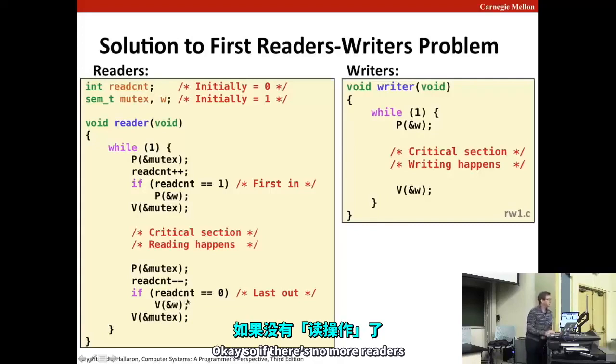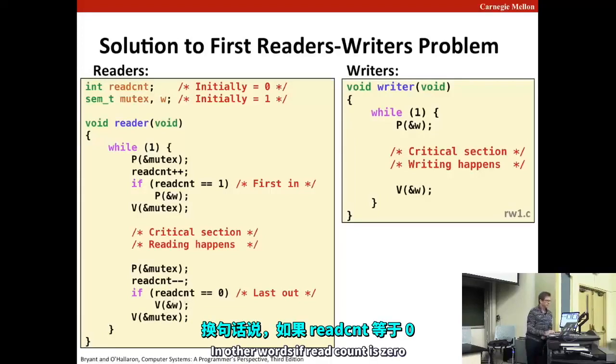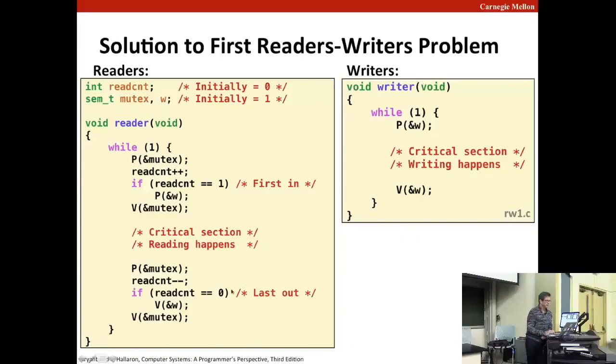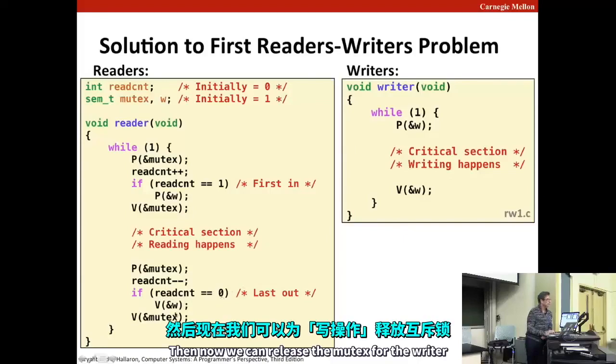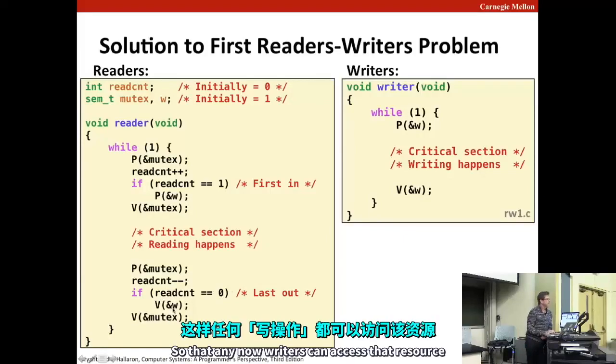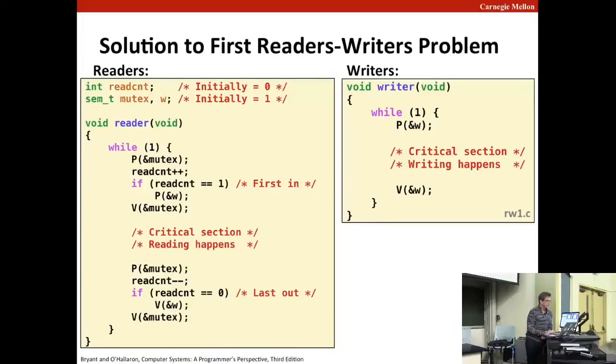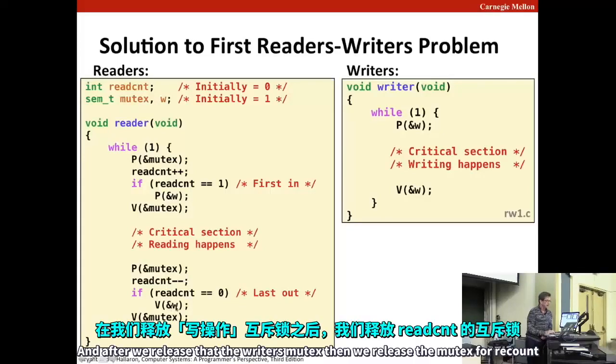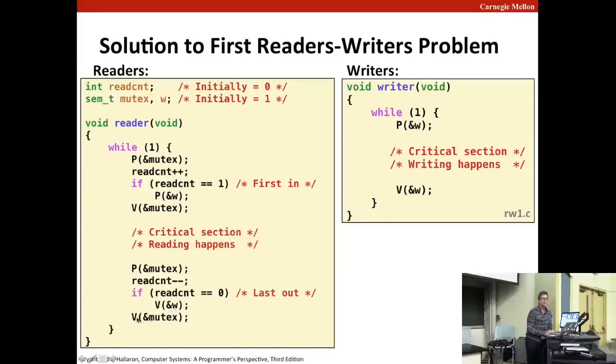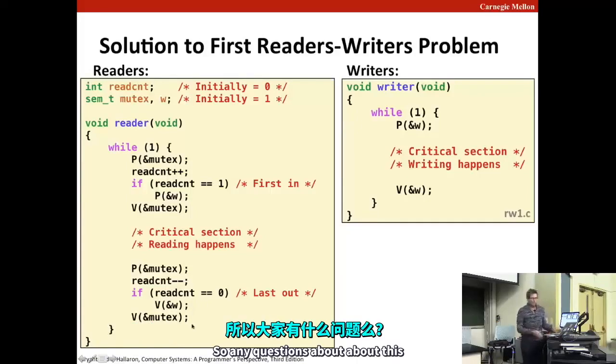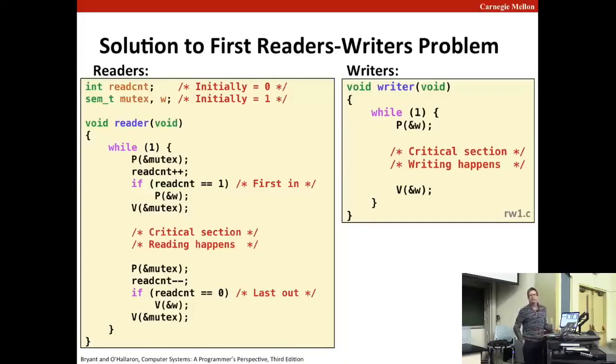If there are no more readers, in other words if read count is 0, then we can release the mutex for the writer, so that writers can access that resource. And after we release that, we release the mutex for read count. So, any questions about this?